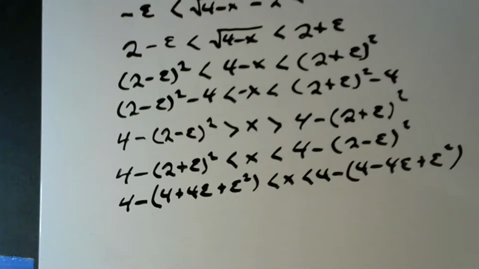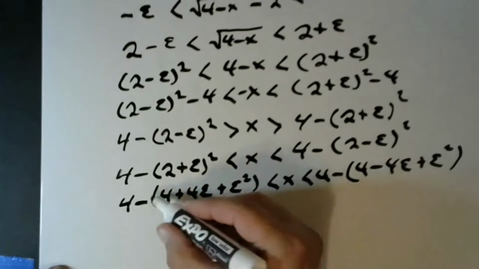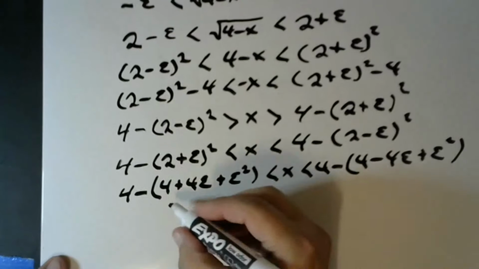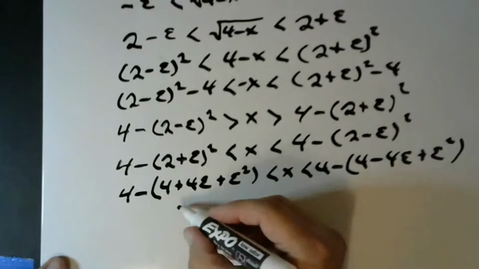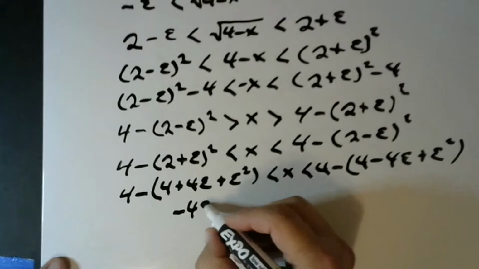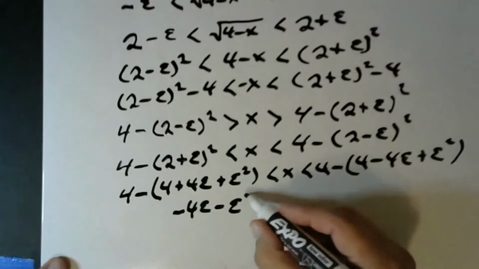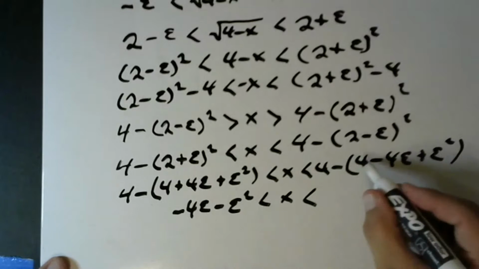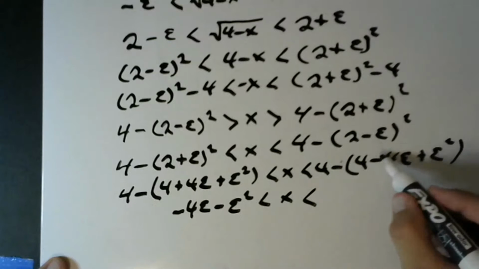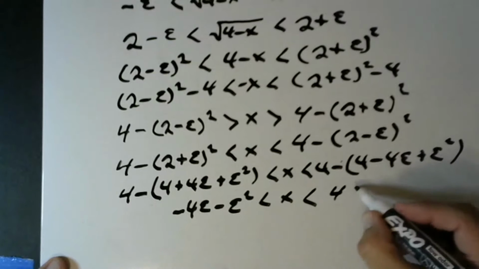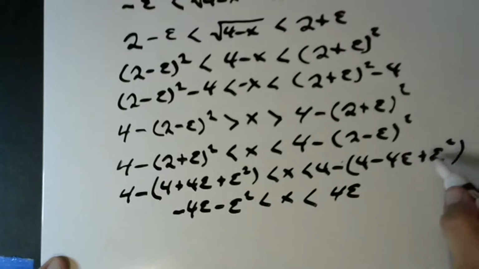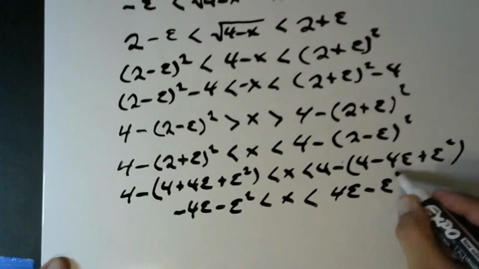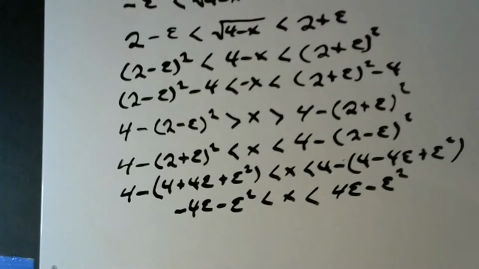And if we distribute the minus signs, we'll get the 4's to cancel here. So negative 4 and 4 will be 0. We'll have minus 4 epsilon minus epsilon squared less than x. The 4, the minus the 4 will cancel. This will also distribute the 4 epsilon. This will distribute to minus epsilon squared. And this is where we sort of came to a halt last time.